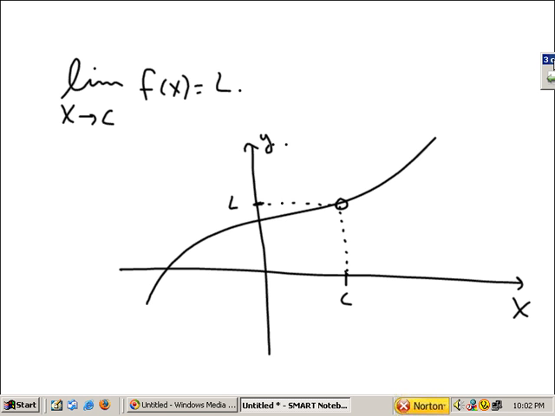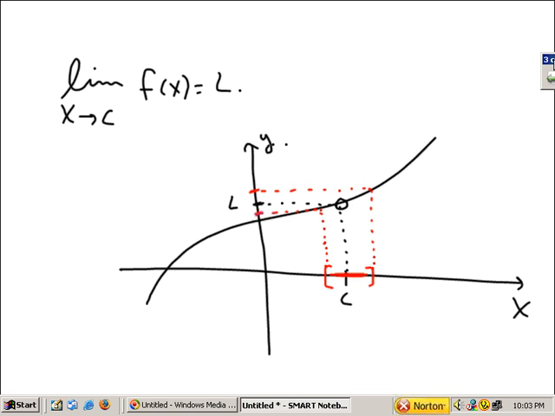Because no matter what neighborhood I pick around C, the image, that is f of these numbers, will always lie in between here and here.